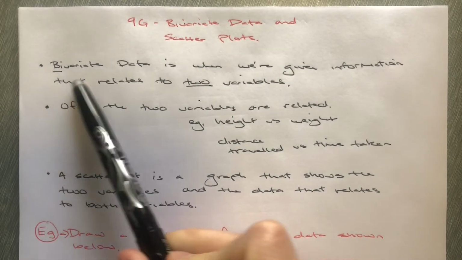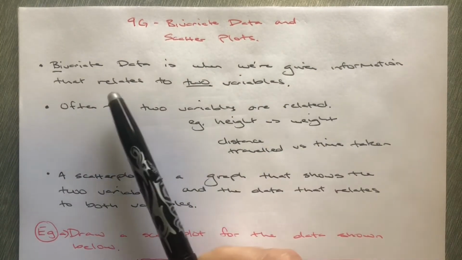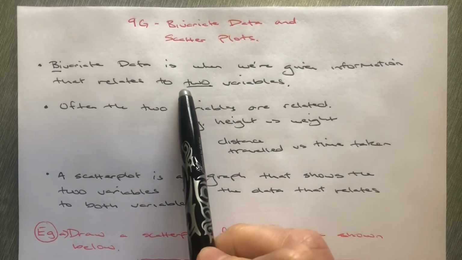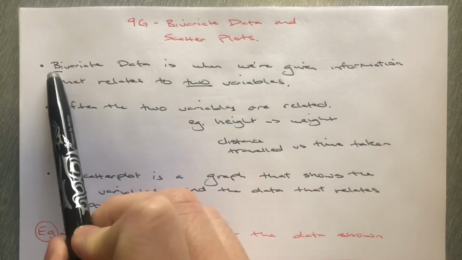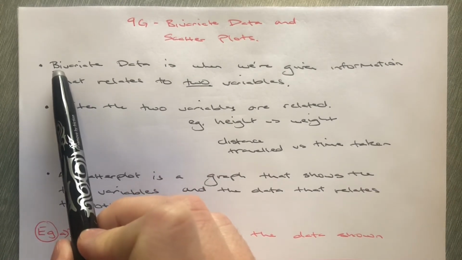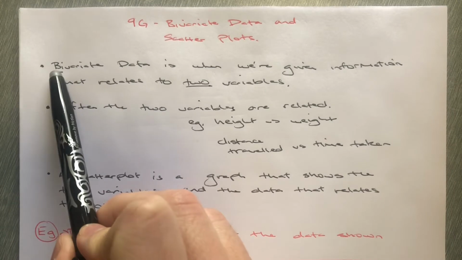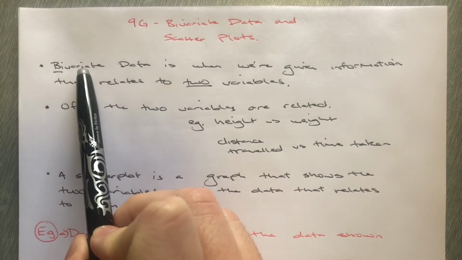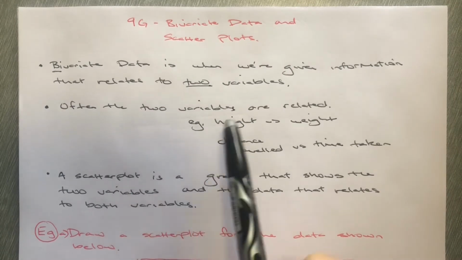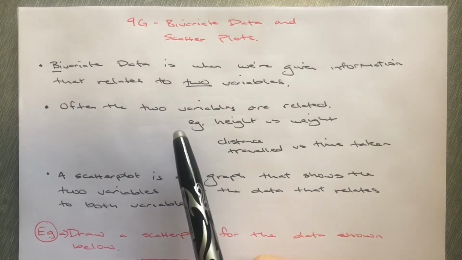Bivariate data is when we're given information about two variables. You might see that I've underlined the word two and also bi in bivariate, because we're talking about data with two variables. As it says here, often the two variables are related. Sometimes they're not, but most of the time they are.